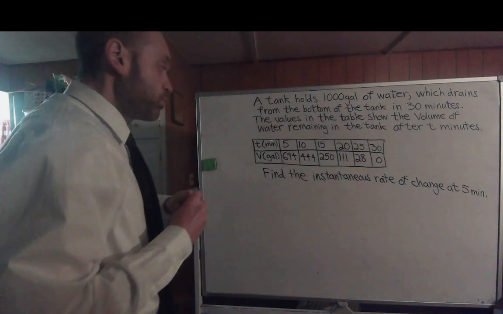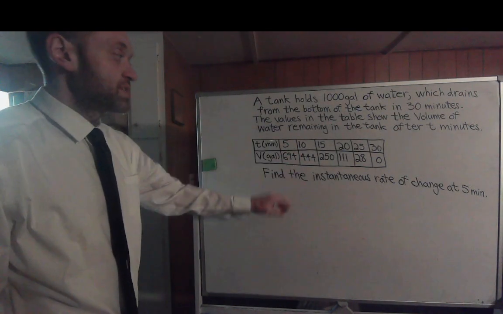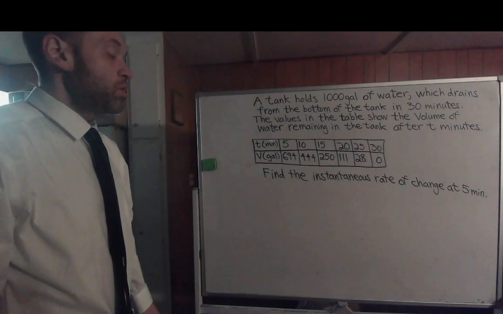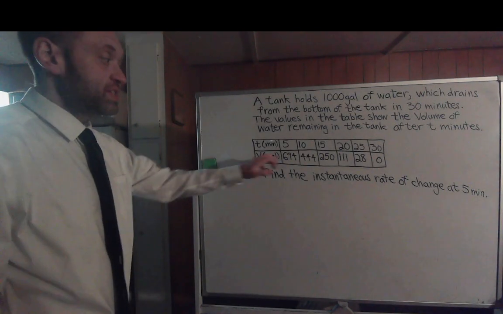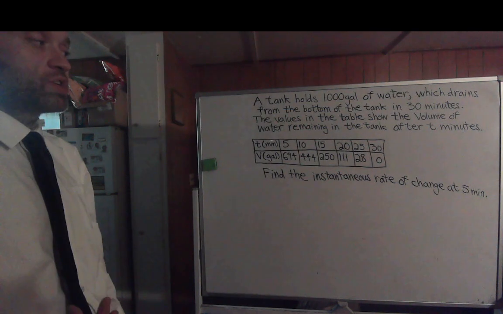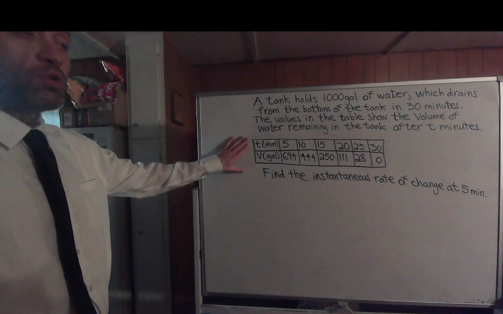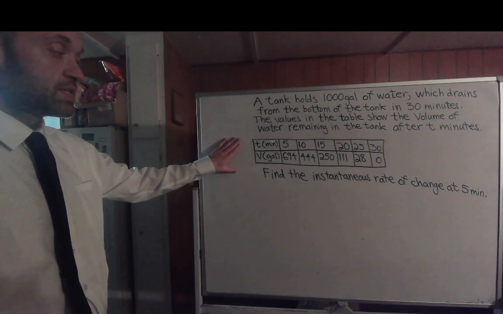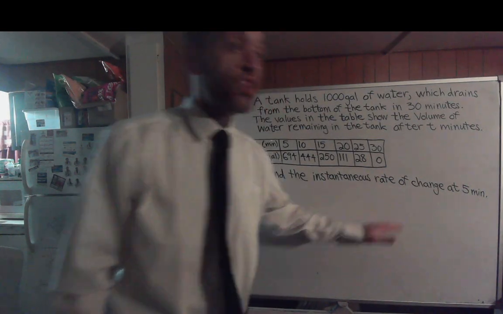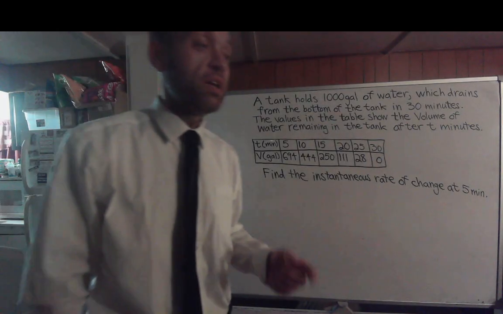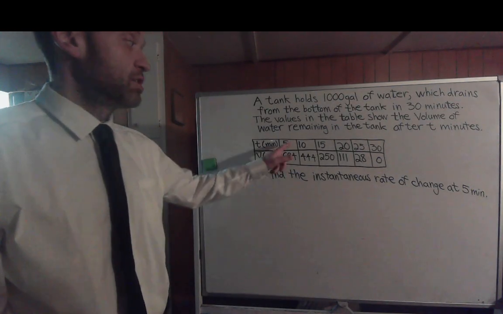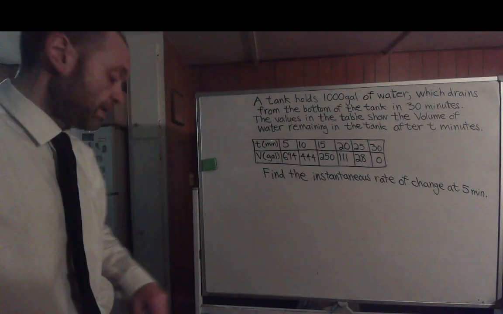So we really want to find the instantaneous rate of change when the time equals 5. Well, we don't really have a function in the form of f of x equals a certain function. So we're relying on a table of numerical values to do that for us. Again, if we recall, if we want to find the instantaneous rate of change, which is the slope of the tangent line, we first need to find the slope of two different secant lines that include that time 5 in that interval.